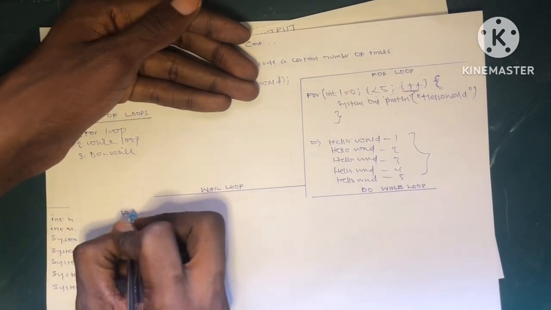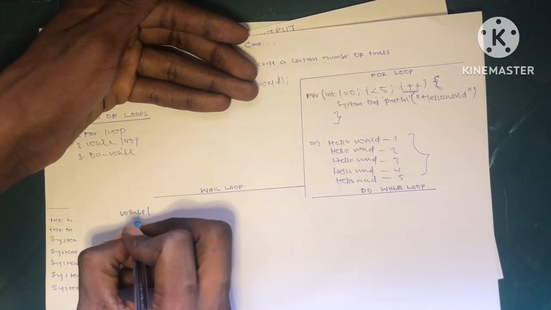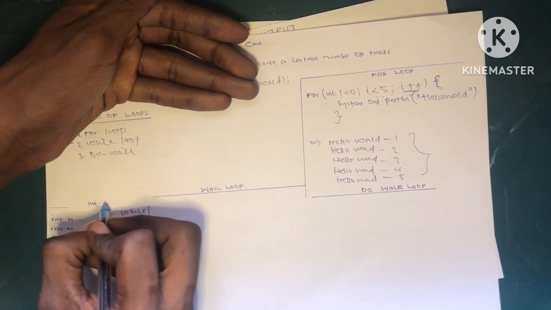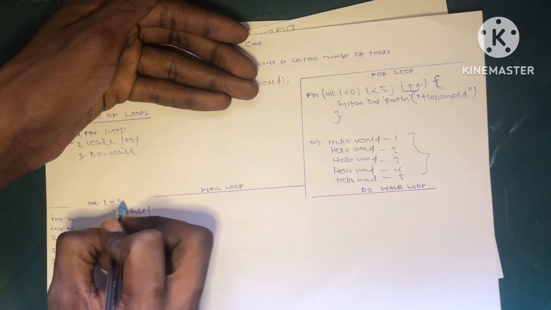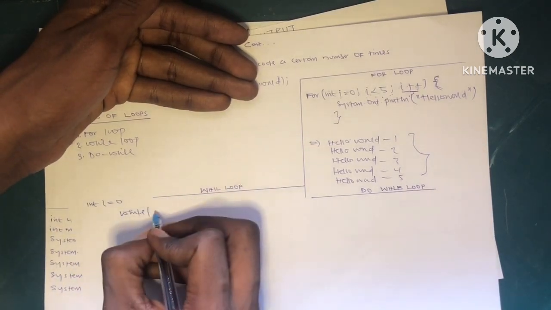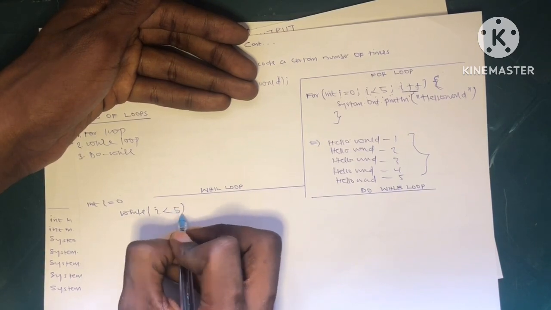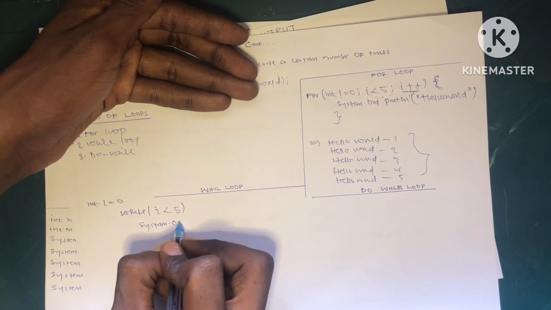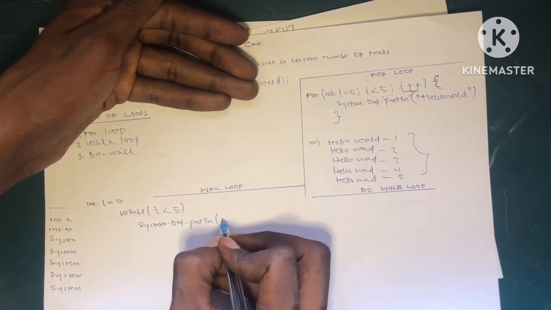You say while, but even before that, you create an integer and call it I, let's say integer I equals 0. Now you say while I is less than 5, System.out.println, and say hello world.